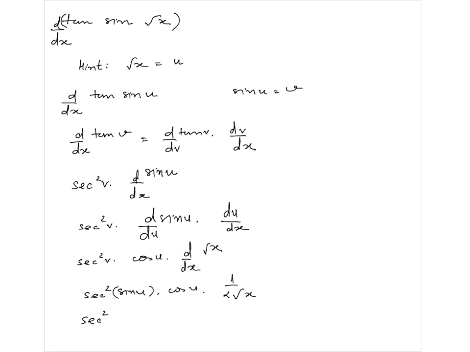Final answer should not be in u. We introduced that variable. u is root x, so sine of root x, cos of root x, whole divided by 2 root x. If you have any questions in this whole discussion, just let me know.